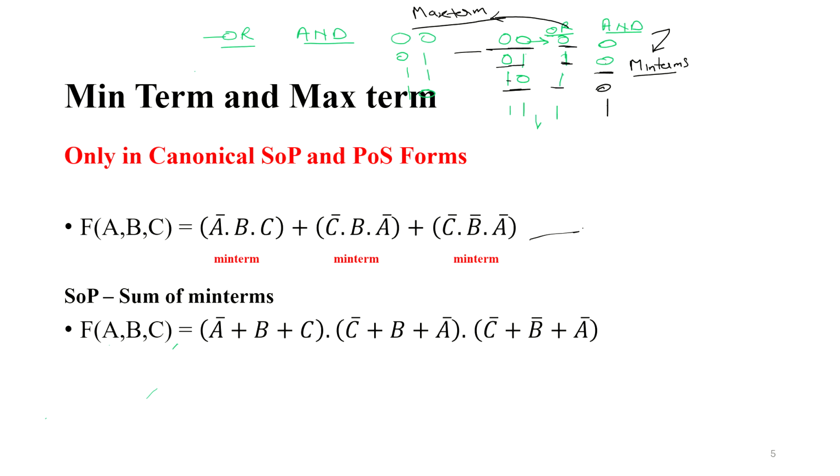And what will this POS form give you? Maxterms, because the OR operation is there, so the product of maxterms will give you maxterms. So SOP will give you minterms and POS will give you maxterms. Just remember this simple rule.